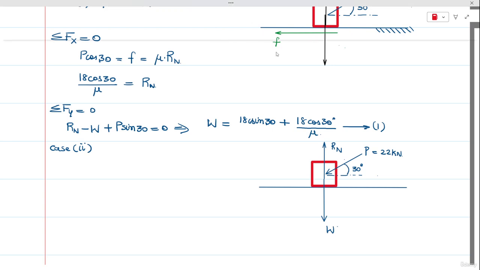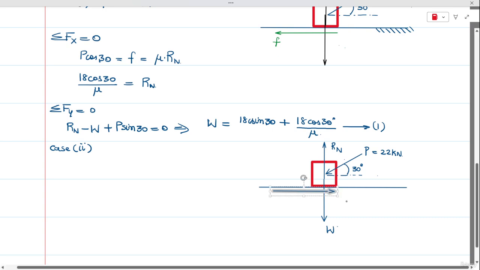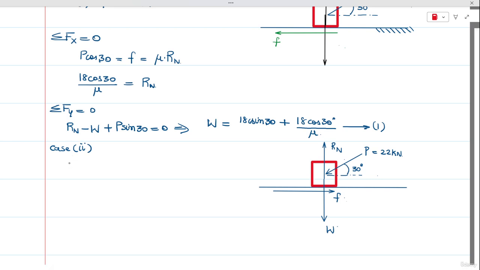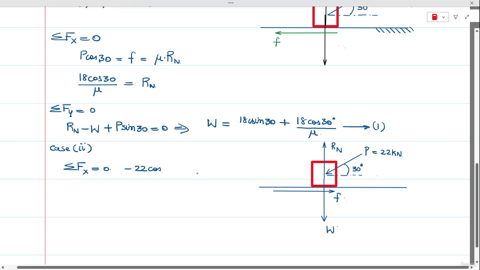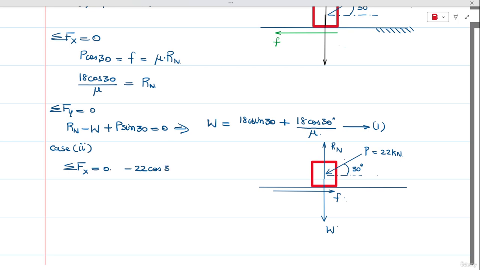One more additional force that will be present at the interface of block and the ground is the friction force. So in case 2, sigma Fx equal to 0, that is minus 22 cos 30 plus friction force equal to 0, so minus 22 cos 30 plus mu times Rn is equal to 0.